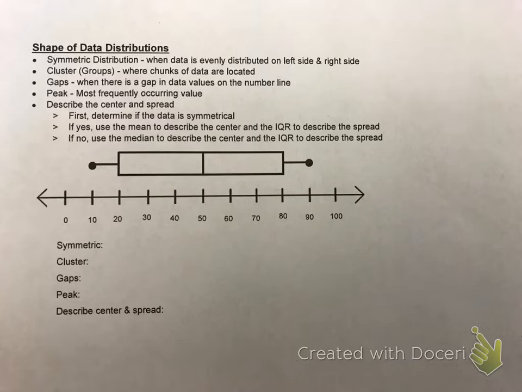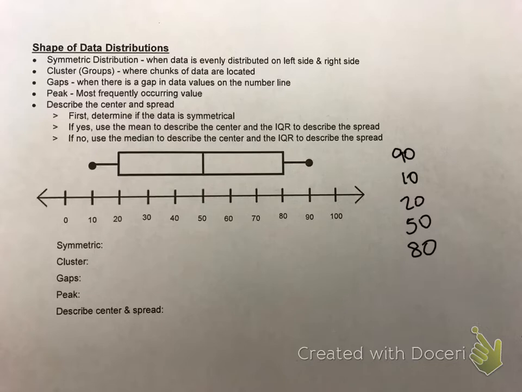So in this box plot, we know 90, we know 10, we know 20, we know 50, and we know 80. Those are the 5 numbers that we know from this box plot. Now, it's not a guarantee that all of those numbers are even a part of the data, but based on what we have, we have to answer these questions as best as possible.